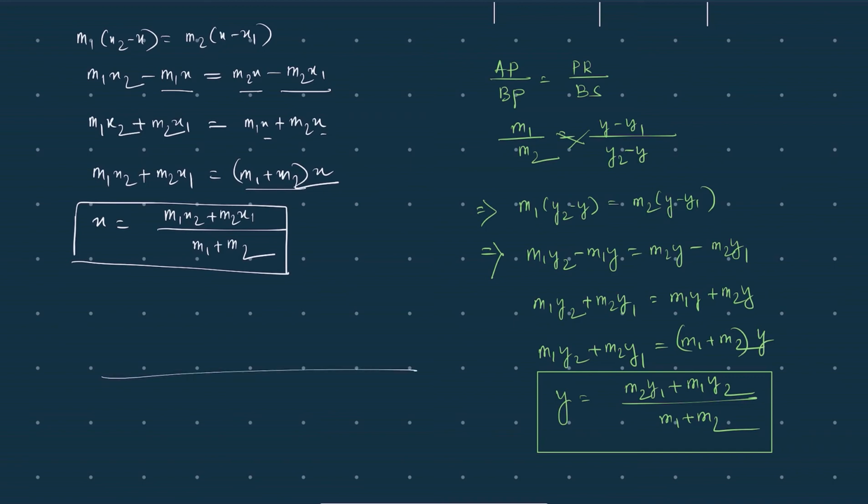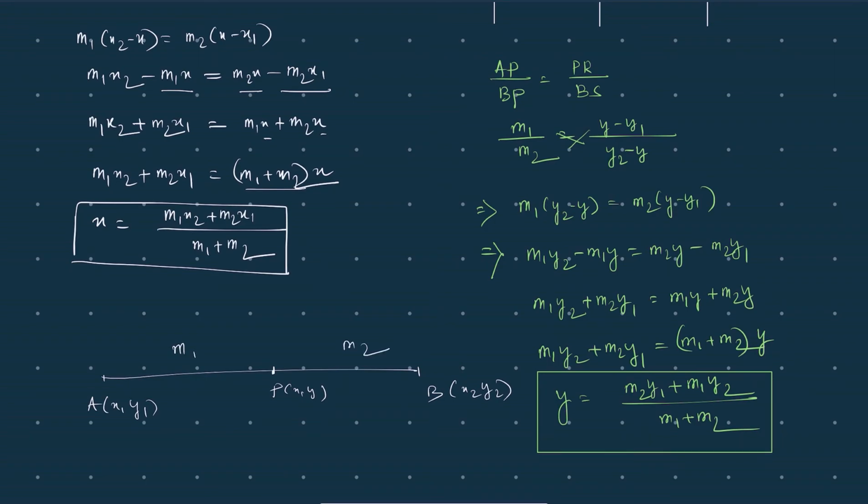Suppose a straight line is given. Any straight line, and there is a point P. Suppose this is point A, this is point B, and the coordinates are given to us: x1 y1, x2 y2, and we need to find the coordinate of this point P. Suppose this is x comma y, and this is m1 is to m2.